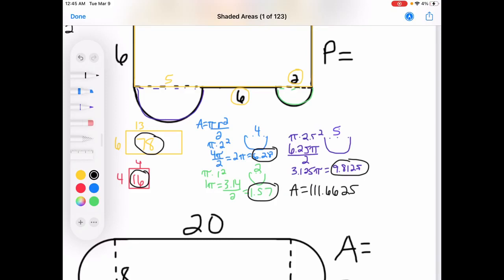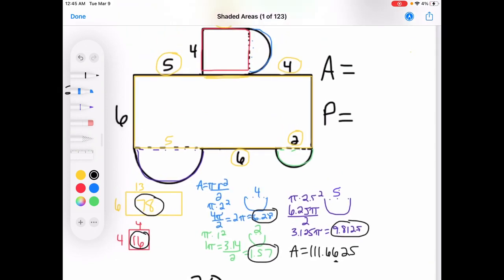And now I can round it to my hundredths place. So that would be approximately 111.66 square units.